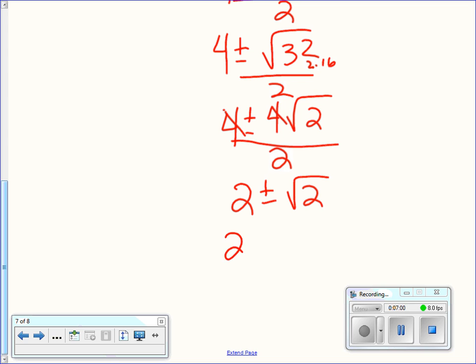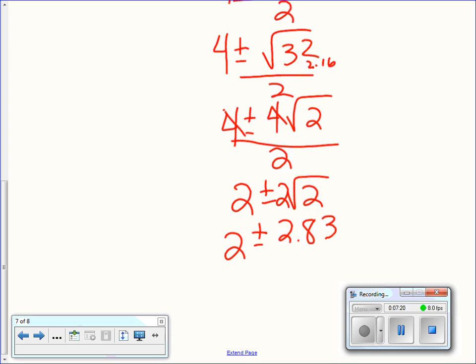Then I change this to the hundredths, sorry. 2 plus or minus the square root of 2, which is 2.83. Sorry, I lost the 2 here. So the square root of 2 is 1.41 something. So we multiply that by 2.